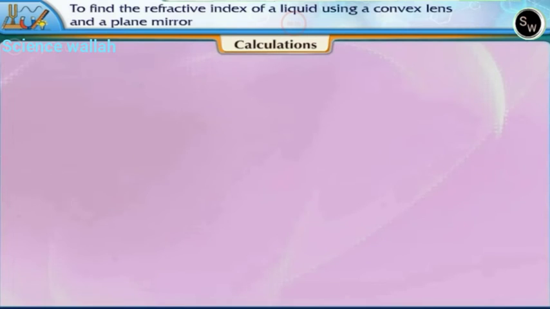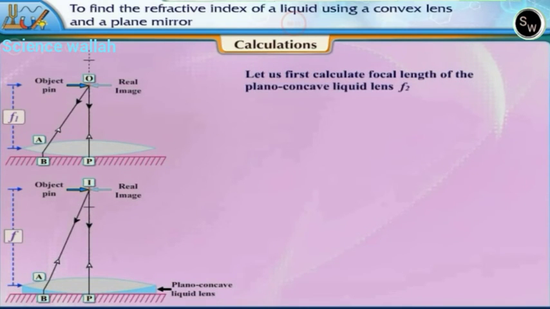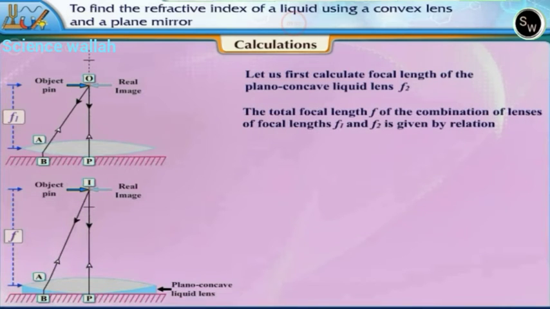Calculations. Let us first calculate focal length of the plano-concave liquid lens f2. The total focal length f of the combination of lenses of focal lengths f1 and f2 is given by relation 1 upon f is equal to 1 upon f1 plus 1 upon f2.